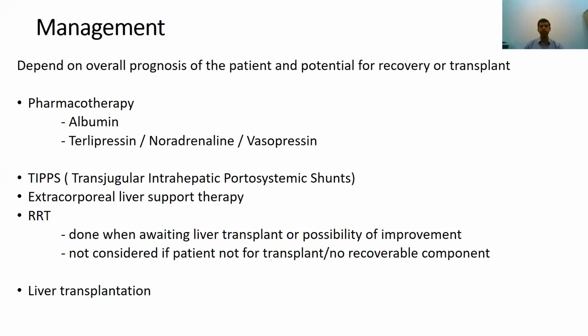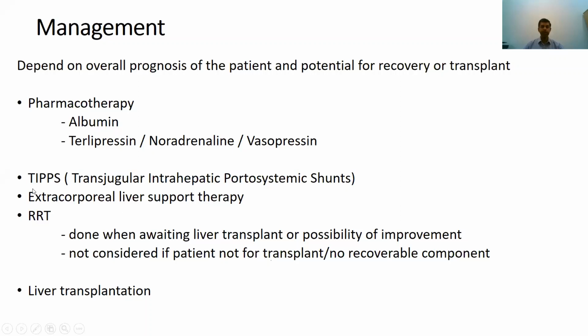You need to start drugs like terlipressin, noradrenaline, or vasopressin. So terlipressin is the drug of choice at this point that will vasoconstrict your splanchnic circulation and increase the perfusion to the kidney, thereby reducing the pre-renal element of the AKI.